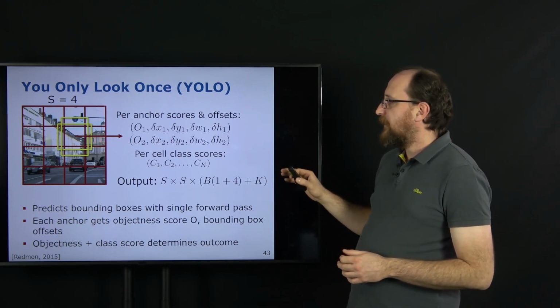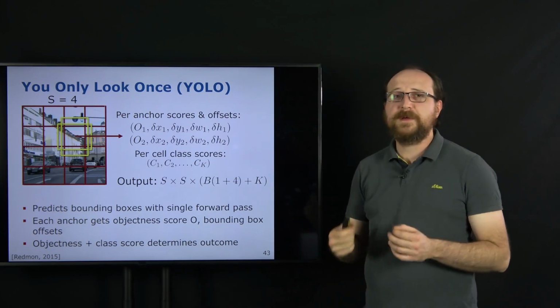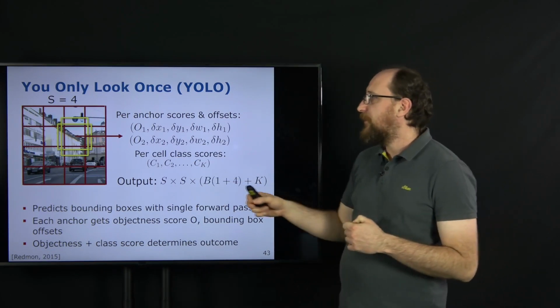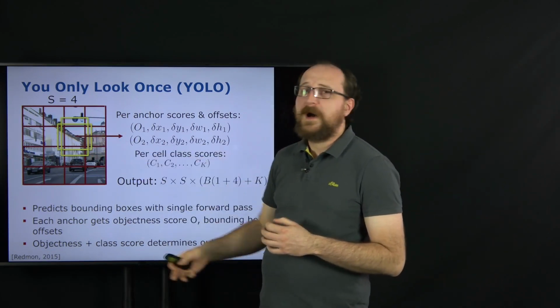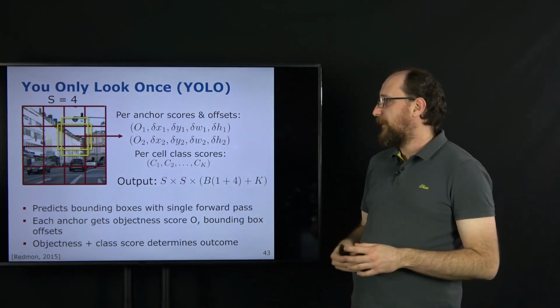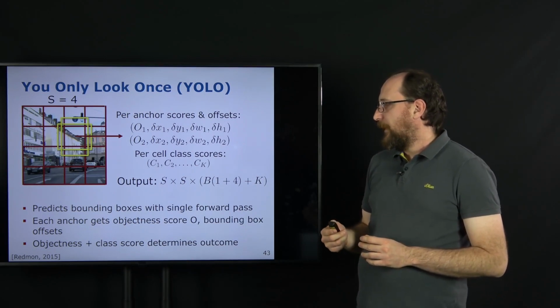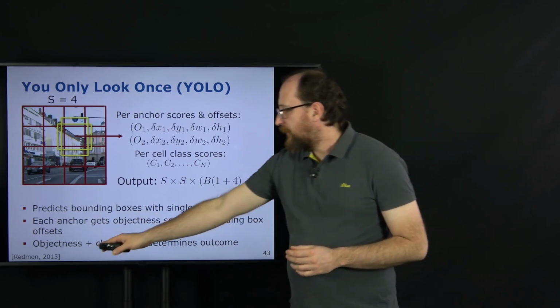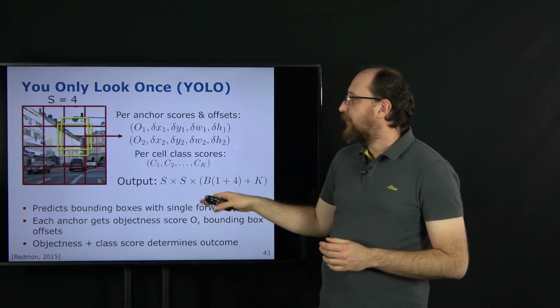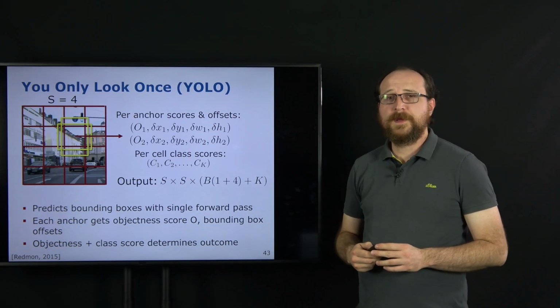We can take the class scores together with the objectness scores to determine which anchor in each of the cells has the highest score, which we again can use for extracting the bounding box that we are interested in. So the objectness score plus this class score produces the outcome that we are interested in.